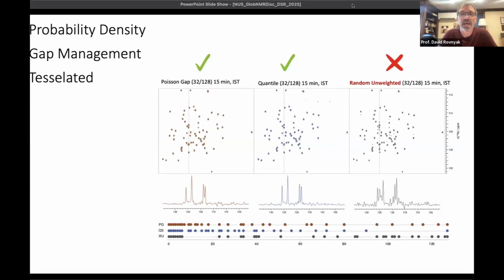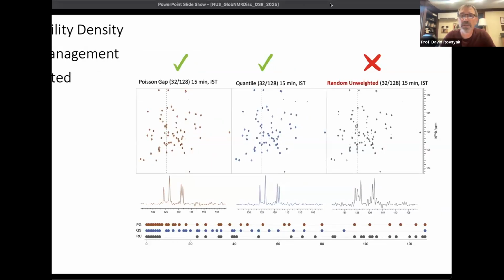When you're looking at evaluating different probability densities and you're thinking about which ones work for you, here's a set of examples on ubiquitin that show a Poisson gap, a quantile, and a random unweighted case, where in this case, this highlighted some of the pitfalls of random algorithms in sampling schedules. Particularly, the random schedule ended up developing some very large gaps.